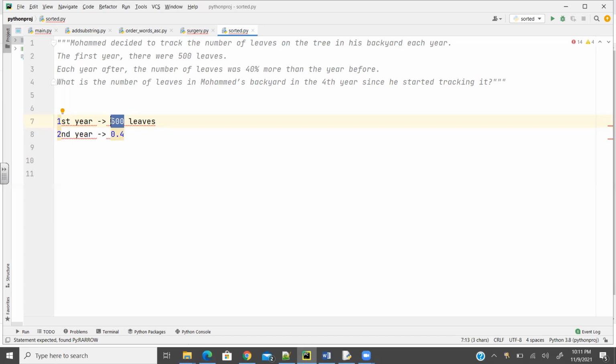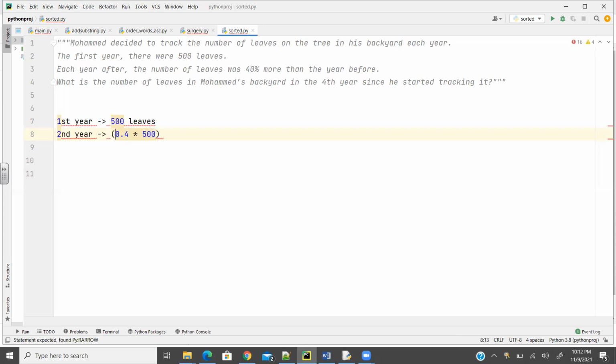He had 500 and he got 200 after selling the goods. So altogether, he got 700 naira. So there was an increase of 200, which is represented by this percentage amount. So that's 0.4 of, and the 'of' there is the multiplication, of the previous year's number, that is 500.